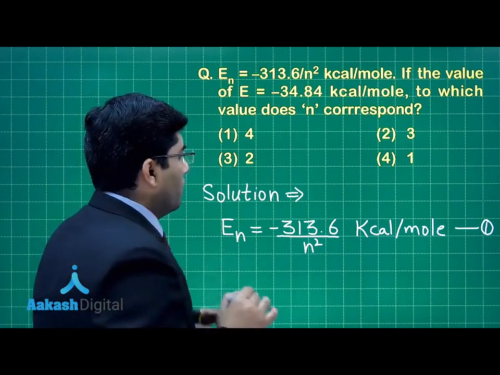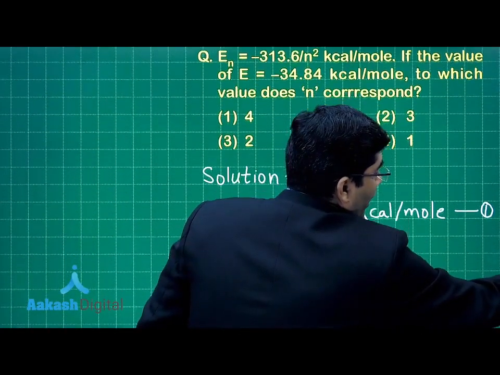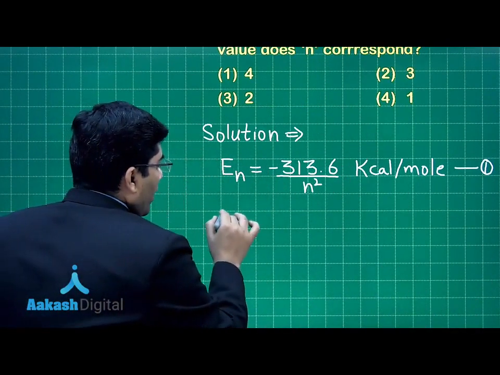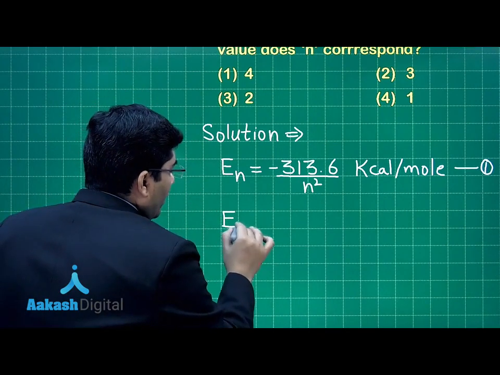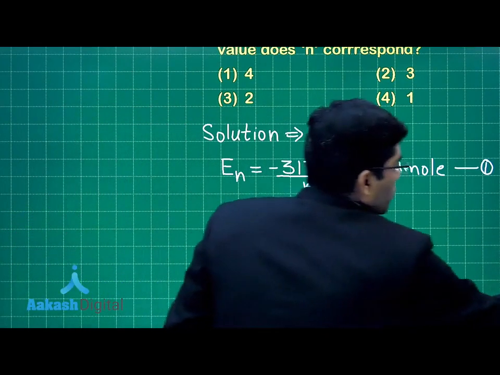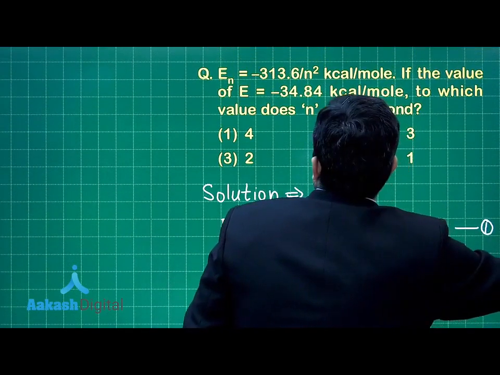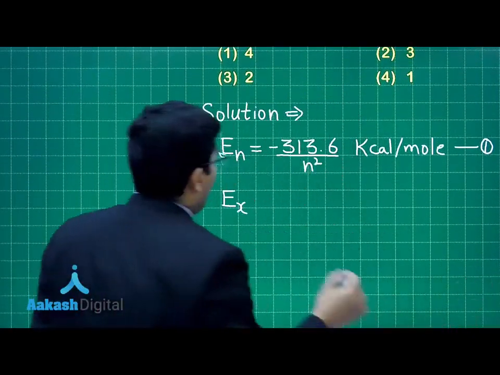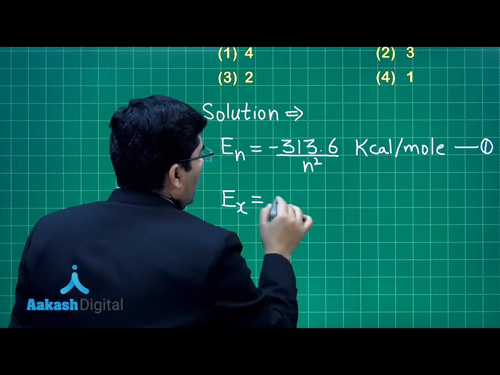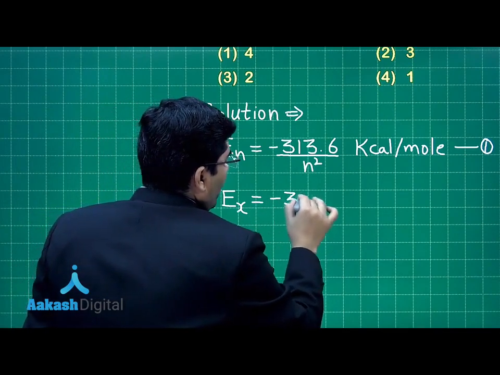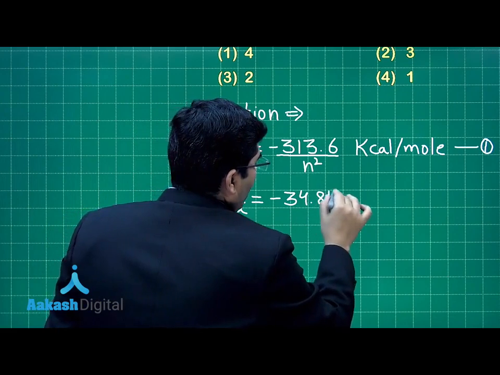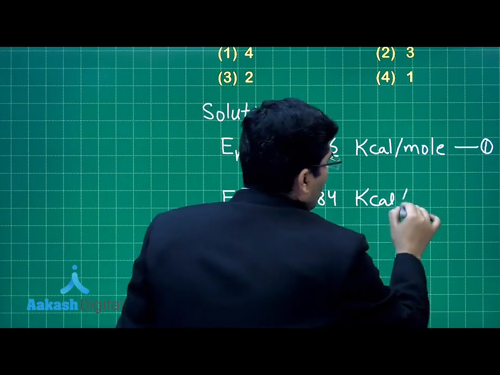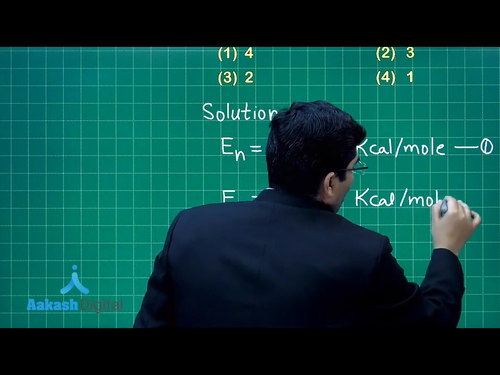Now this is given to us. Let us assume the second energy that is given to us is the energy of the electron present in X shell. So we want to find out the value of X. So the energy is minus 34.84 kilocalorie per mole.